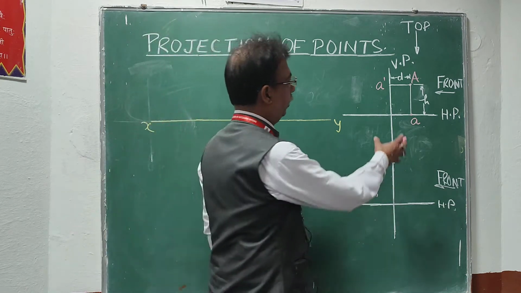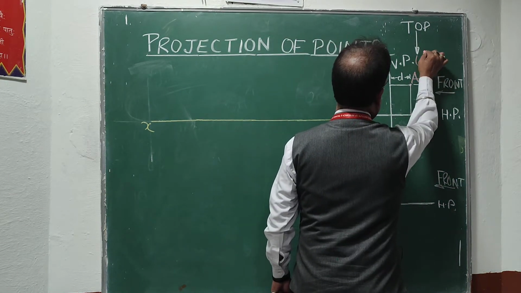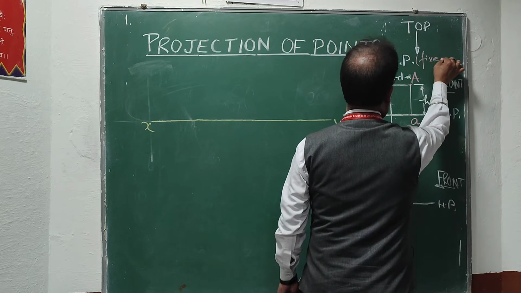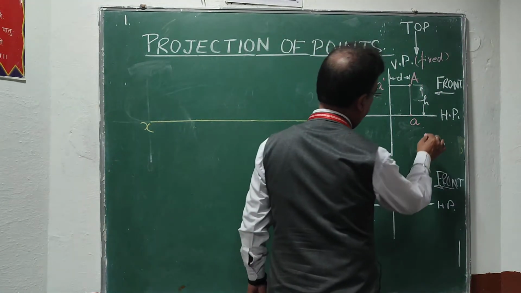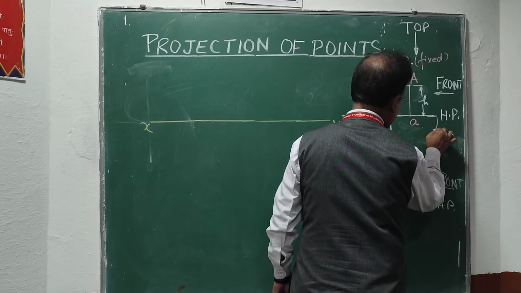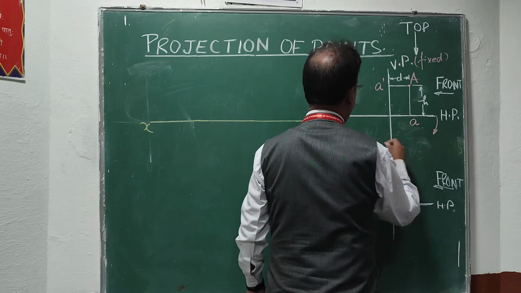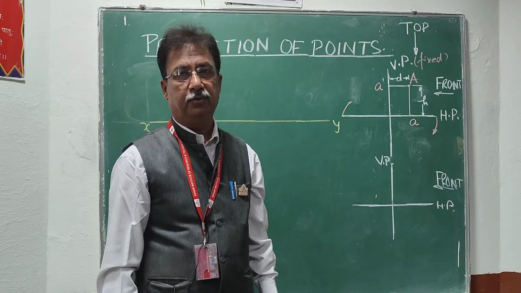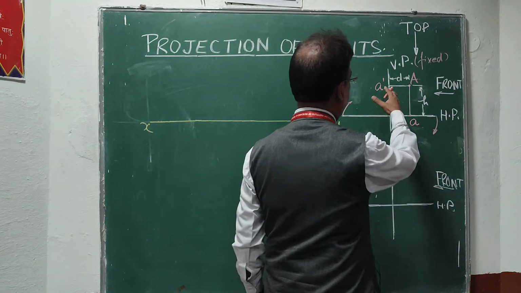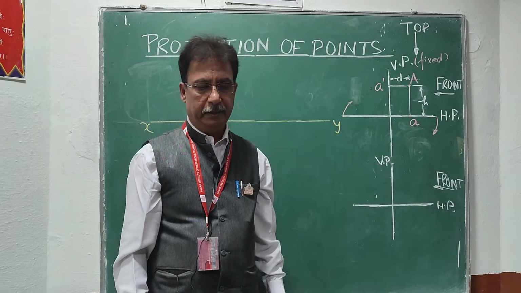This is actually the quadrant system, that is, the space diagram, and as you know, the VP is fixed in its position and the horizontal plane rotates in the clockwise direction. So this front portion of the horizontal plane goes downside and the back portion goes upside. Both planes, VP and HP, will then be in a line, and we can draw its front view and top view.